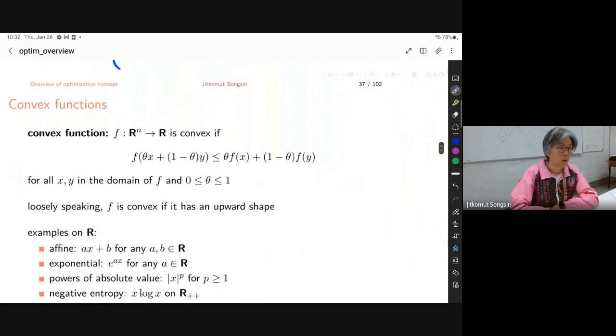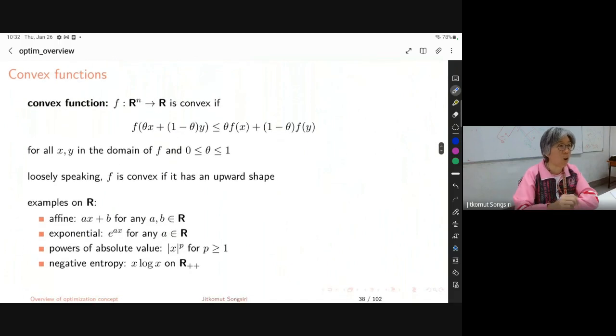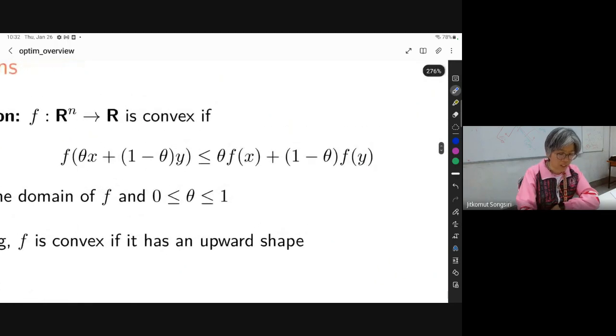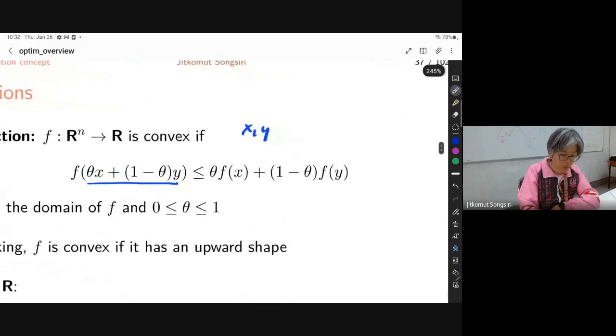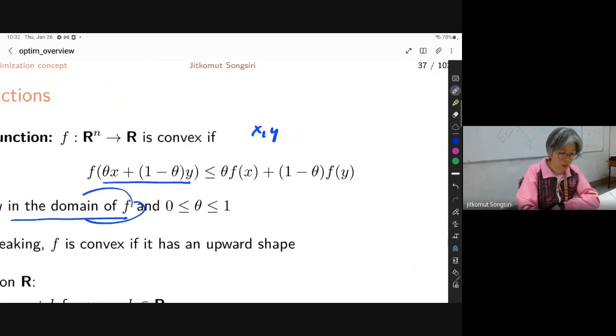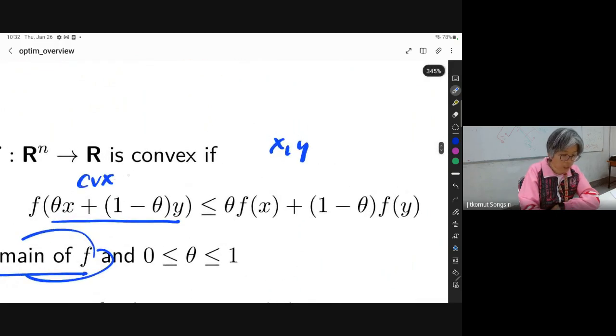Now let's talk about the convexity of a function. A function is said to be convex if this inequality holds. On the left hand side, you have any two points x and y belonging to the domain of the function f. You make a convex combination of x and y and then evaluate in f.